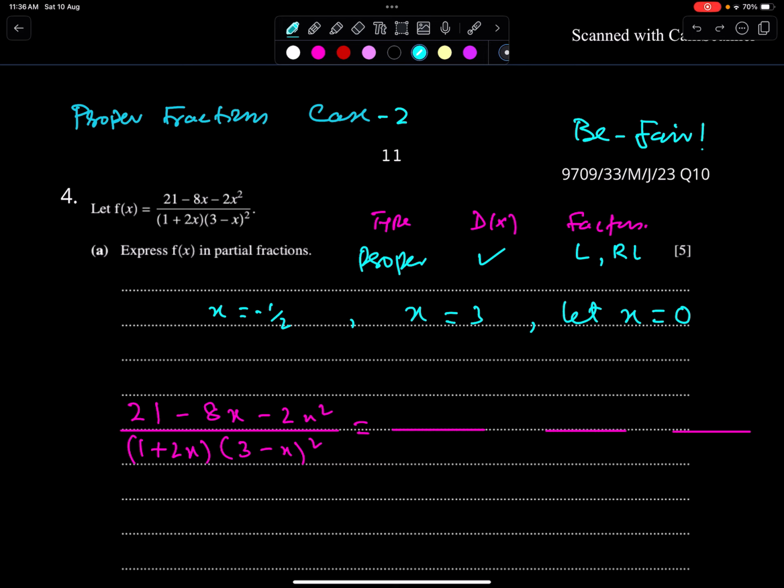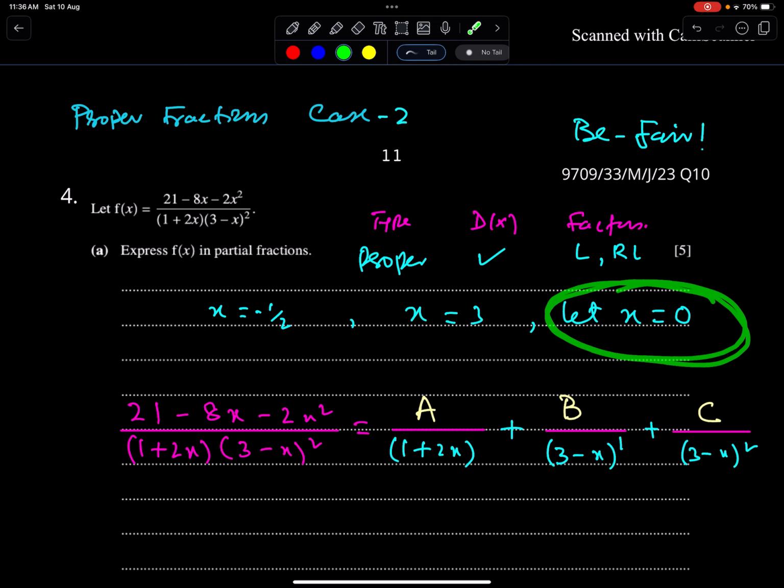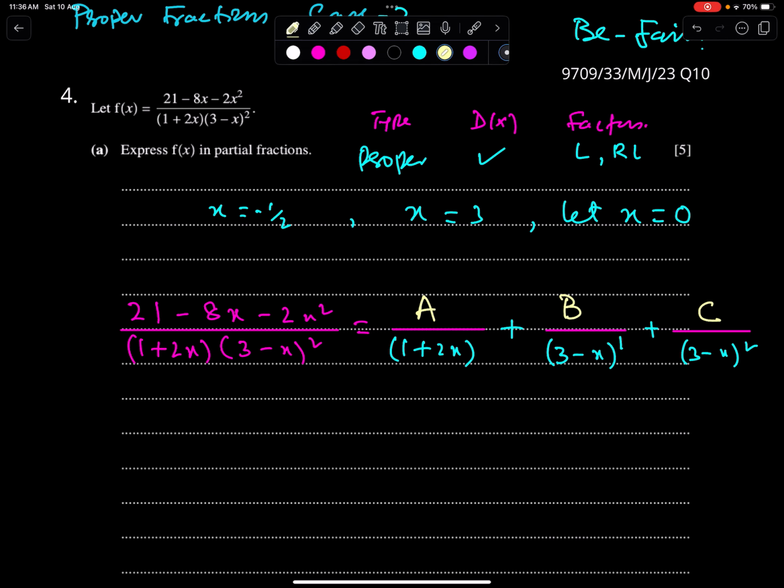So this fraction is for the first factor, 1 plus 2x, and these two fractions are for the repeated linear factor. See, we have three unknown constants, A, B and C. That is why I suppose one extra value of x for the remaining constant.